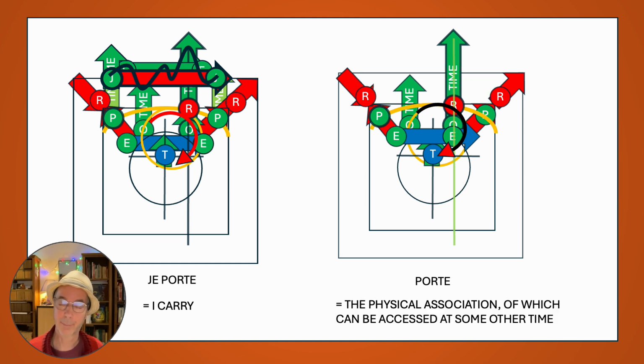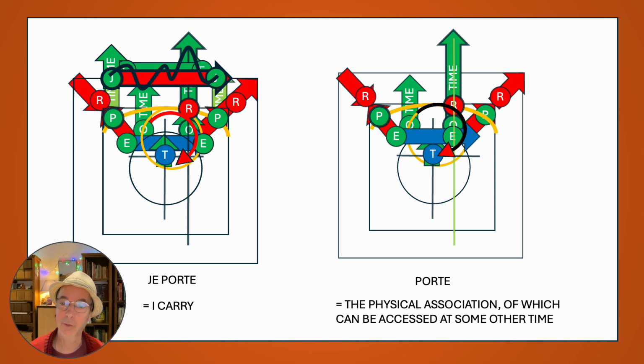So that's why PORTE is, if you don't see the time-leading je on top of it, your focus goes immediately to the most physical reference that there is, which is the T position. The T position, what happens there? You have a certain moment, it is a potential in the process which at some point in time can be opened.